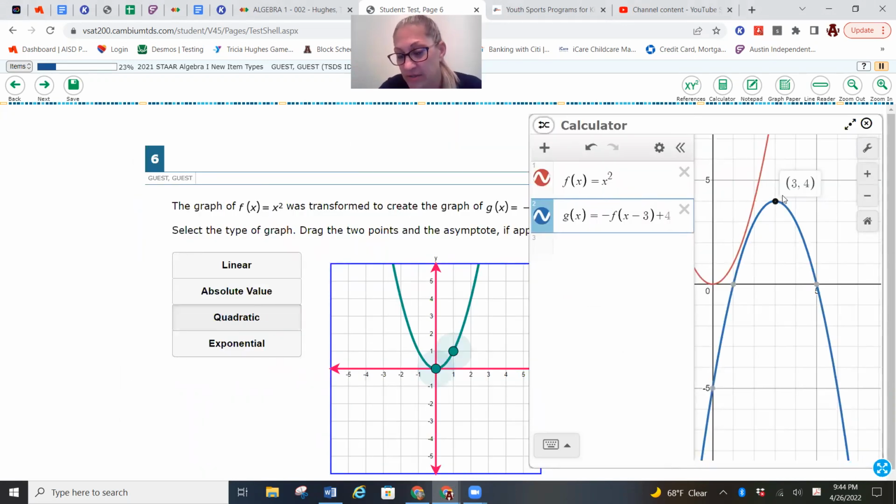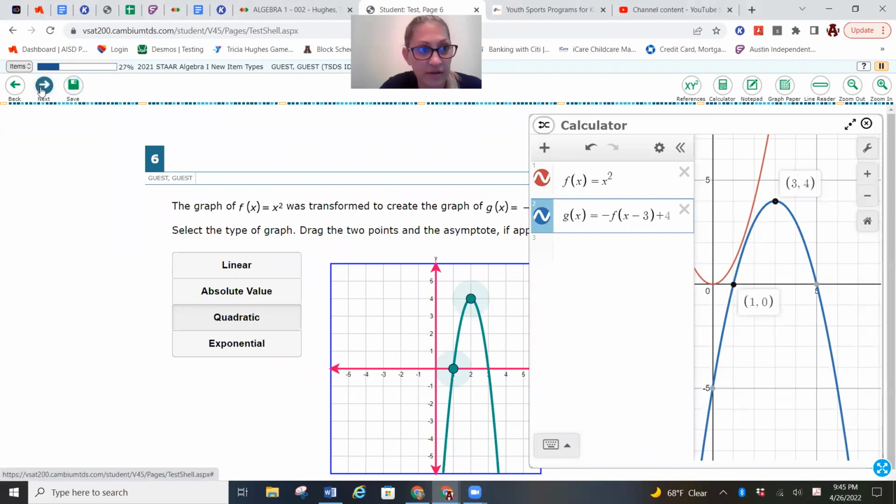The vertex is at (3, 4). So take this vertex and move it to (3, 4). Lock it in. Remember, this is the point (1, 0). So take that and lock it in at (1, 0). Save it and move on.